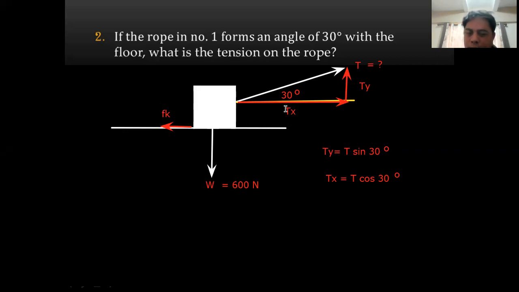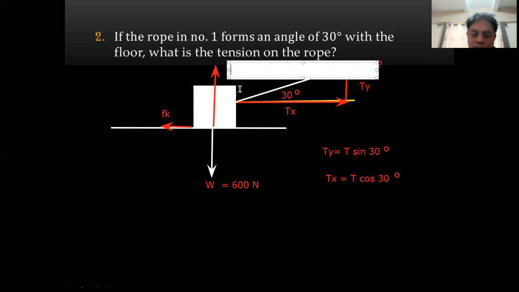So the action of the T sub x value going right will cause the opposition of the force called F sub k that will move left. Now, with the weight and the tension, the surface will push the body upward also. And we call the force that is causing the box to be pushed up our normal force.